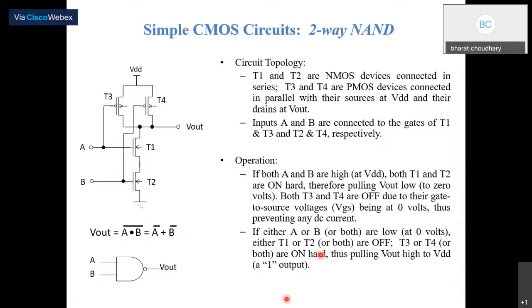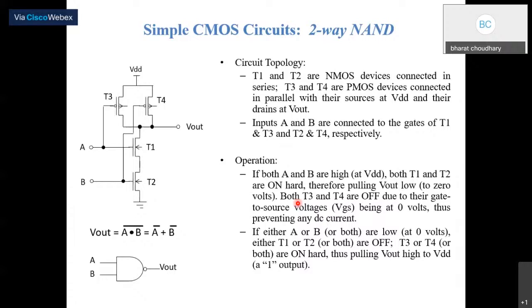If both A and B are high, meaning VDD, then T1 and T2 are on, pulling V out low. V out is directly connected to ground, so we get low at the output.